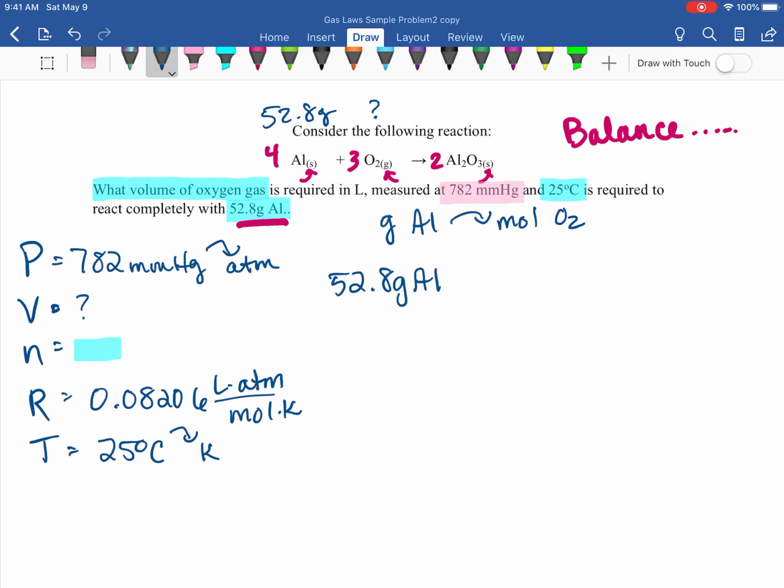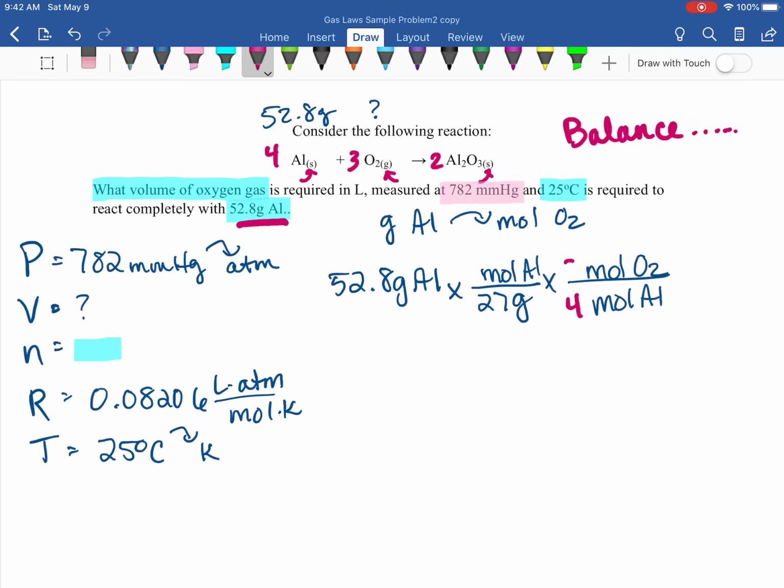Okay, let's start it. We've got 52.8 grams of aluminum, and we're going to need to convert that to moles. Grab your periodic table. I've got 27 grams per mole for aluminum. And then let's use our mole ratio, aluminum to oxygen.